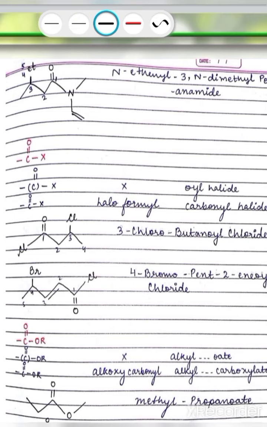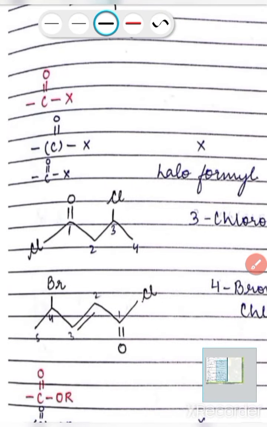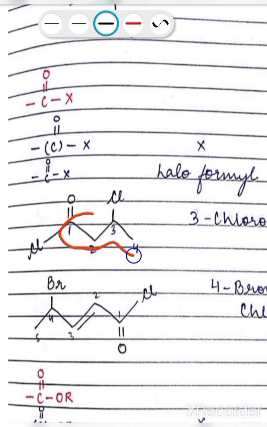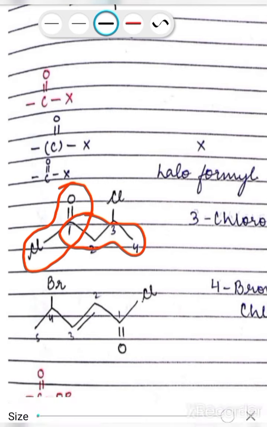Now let us look at the first example, this one. In this, the main parent carbon chain is this. This one means the functional group, and this will act as substituent.